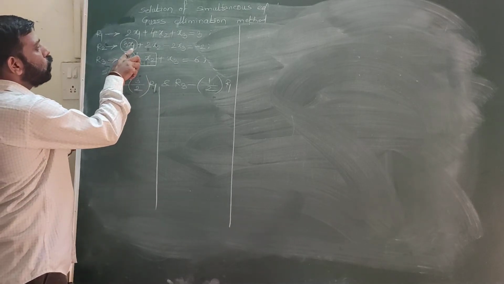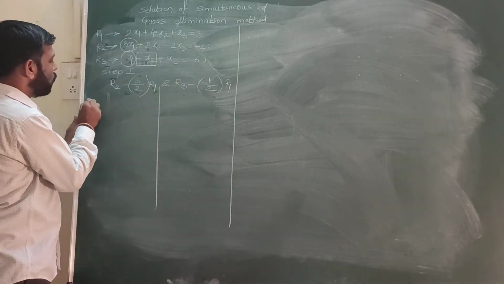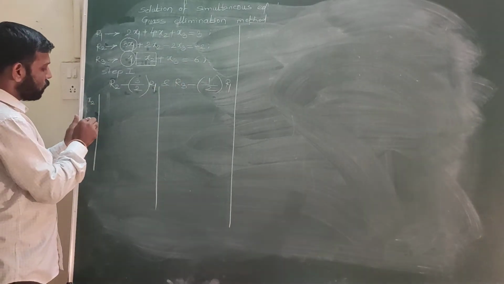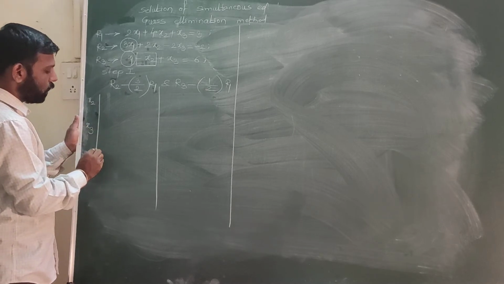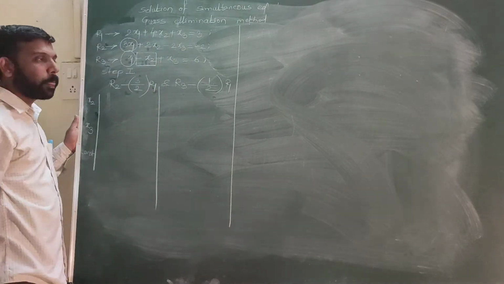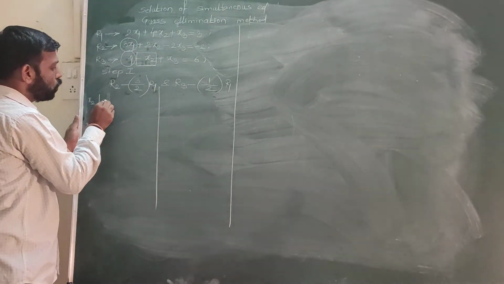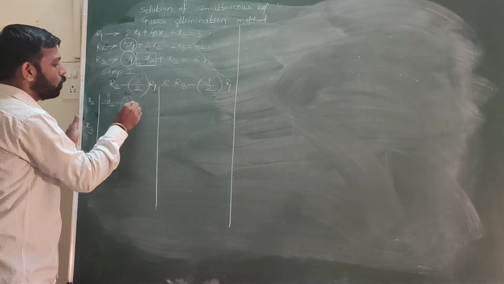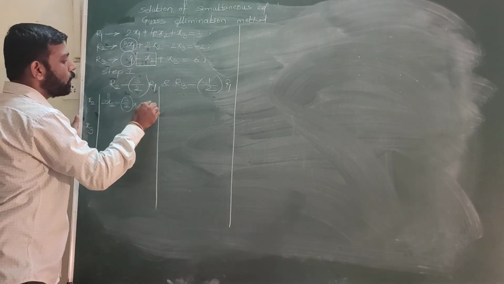this element becomes 0, but what will be the coefficients of x2, x3 and the constant? So we will discuss the x2 coefficient, x3 coefficient and constant term in the second equation. In R2 it is 2x2 minus 3 by 2 into its R1, that is 4x2.